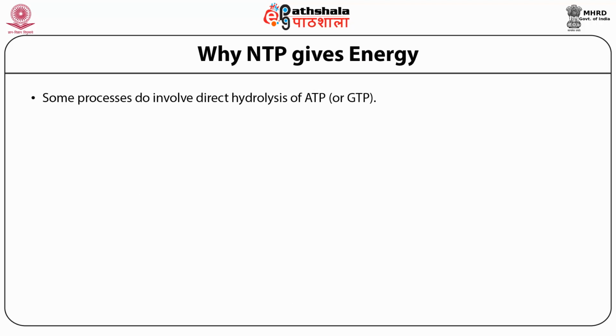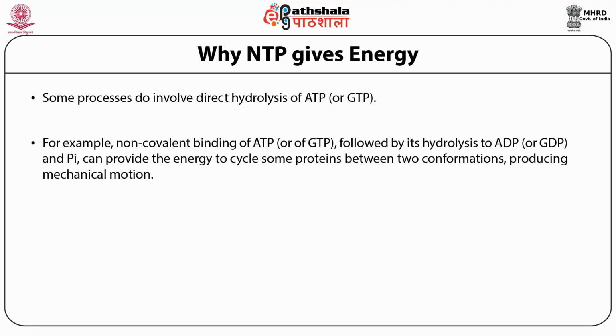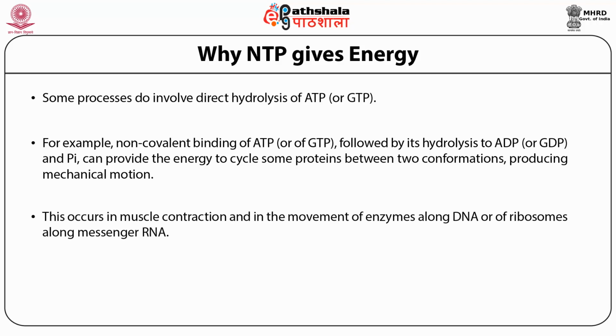Some processes directly hydrolyze ATP or GTP. For example, non-covalent binding of ATP or GTP followed by hydrolysis to ADP or GDP and Pi can provide energy to cycle some proteins between two conformations, producing mechanical movement. This occurs in muscle contraction, in the movement of enzymes along DNA and ribosomes along messenger RNA.